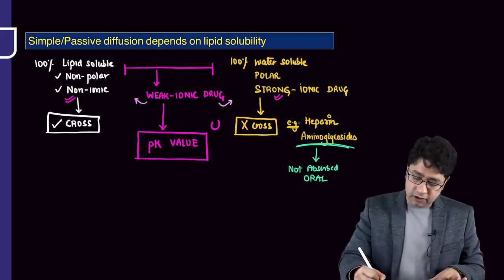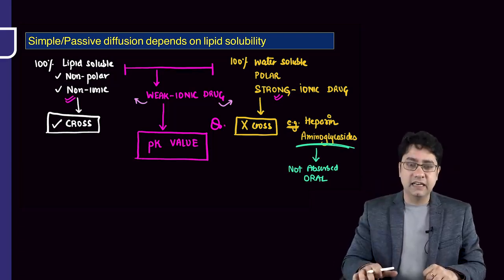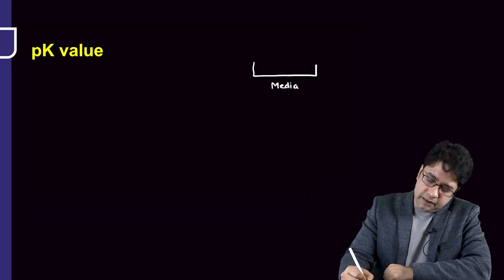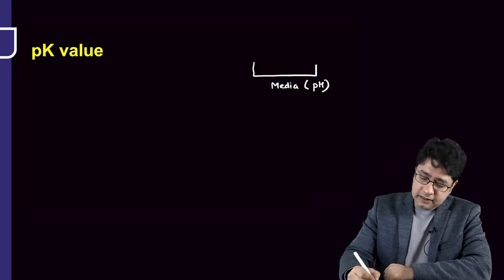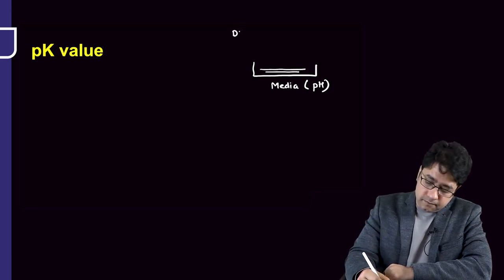This concept of pK value is very important, so let's understand what we mean by the pK value of a drug. First let me make you understand, then we will write. Suppose, sir, this is a media, and this media has a particular pH. Agree? Now in this media, I have put a drug.